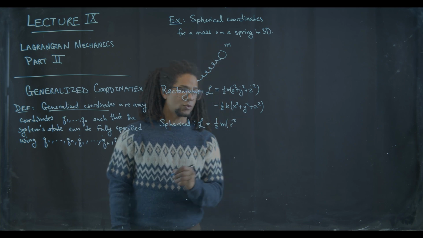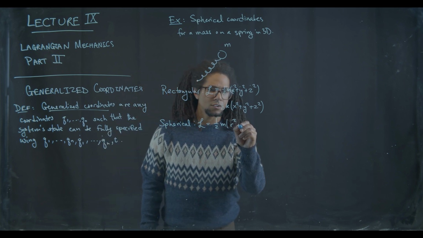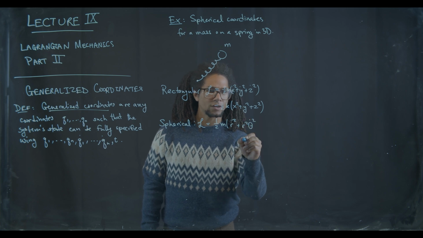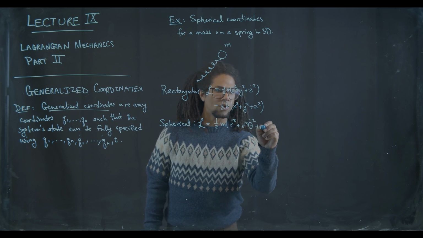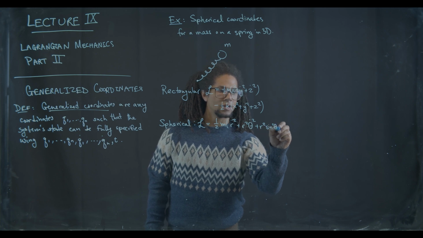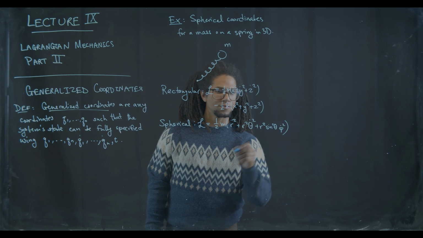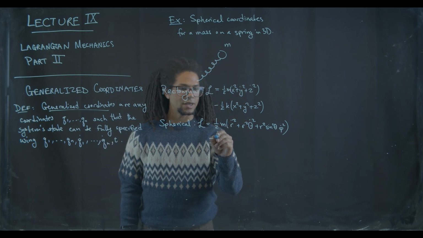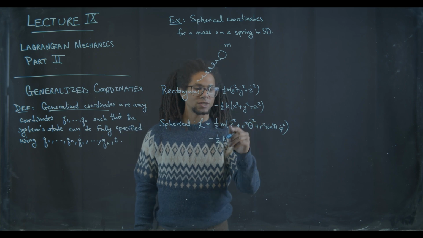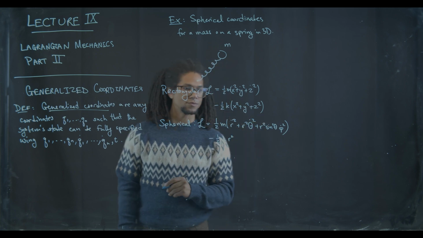So we get an r dot squared plus an r squared theta dot squared plus an r squared sine squared theta times phi dot squared. Then minus 1/2 k. We'll notice that x squared plus y squared plus z squared is just r squared. Great.